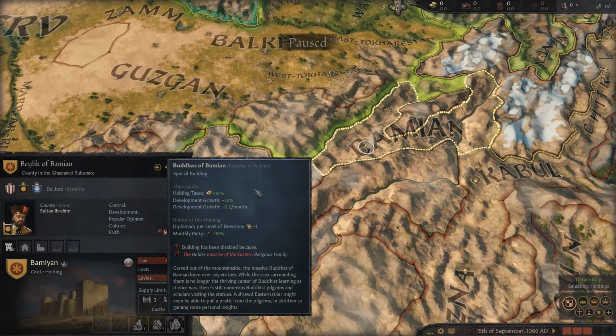So what we have then are holding effects, county effects, and realm effects. The holder of this holding, so this is always realm based. Then you have county, which is obviously county based, and then sometimes you also have effects specific to the holding itself. So keep that in mind. For the county of the Buddhas of Bamiyan, first we'll talk about them real quick.